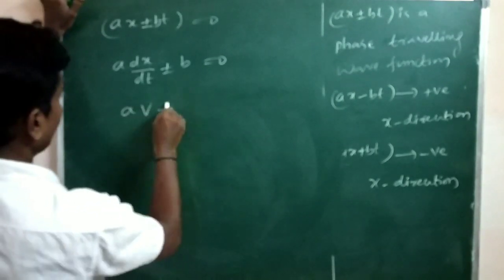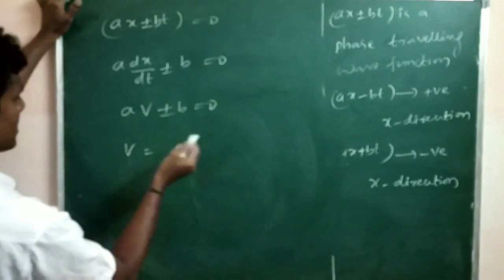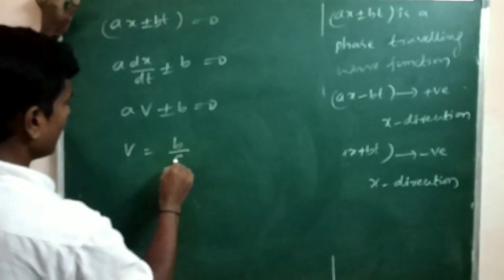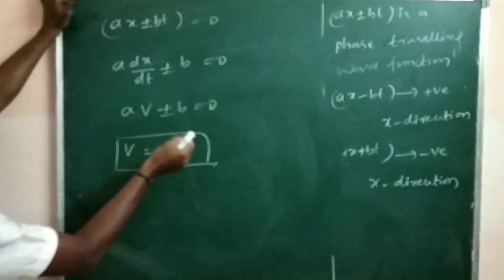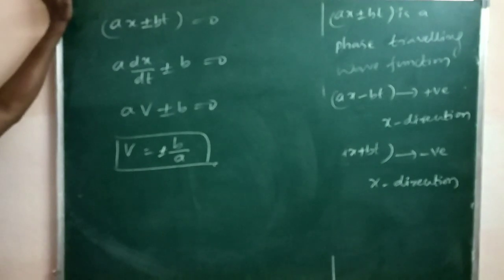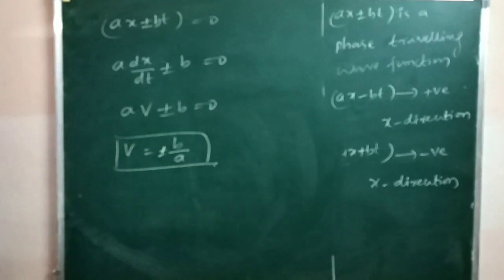So a v plus or minus b equals 0. Here v equals b by a. Plus or minus also we should indicate, either plus b by a or minus b by a. So the speed of the wave v equals plus or minus b by a.